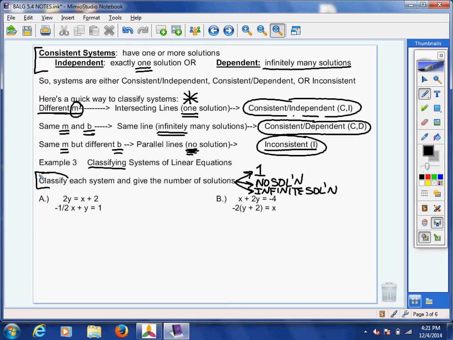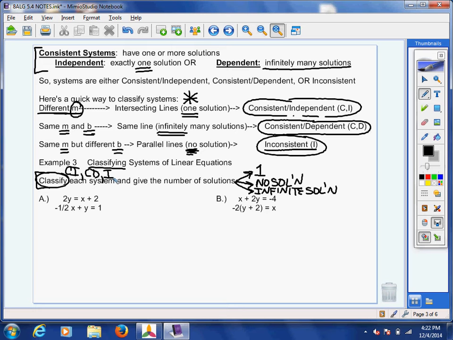If they're asking you to classify, then they're asking you, is it a CI because it crisscrosses at exactly one point? Is it a CD because it's the same line graphed on top of itself, or is it parallel lines which are inconsistent? So that's what we're looking for when we classify and then give the number of solutions, okay?